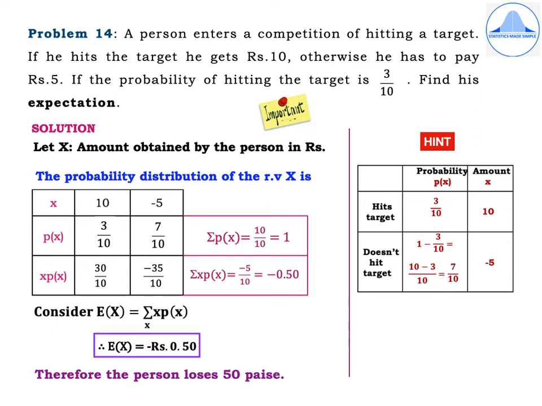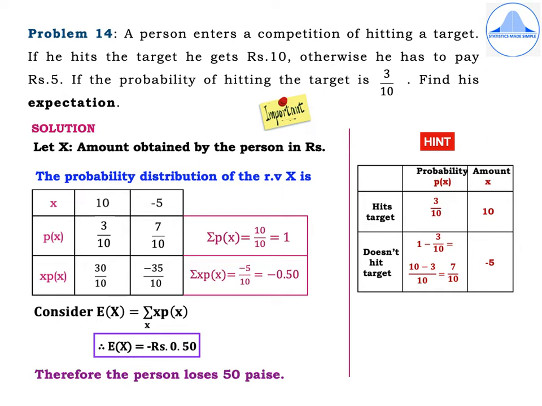Now starting with the solution, first define capital X, that is the amount obtained by the person in rupees. Then you write the probability distribution of the random variable X, formed from the table. Small x will denote the amount obtained by the person in rupees. See the last column in the table under hint, which has amount. The two values are 10 and minus 5.